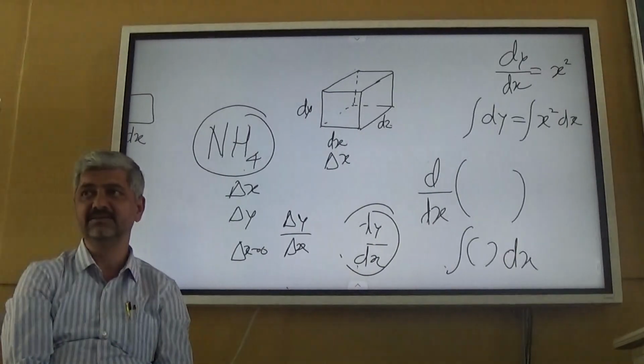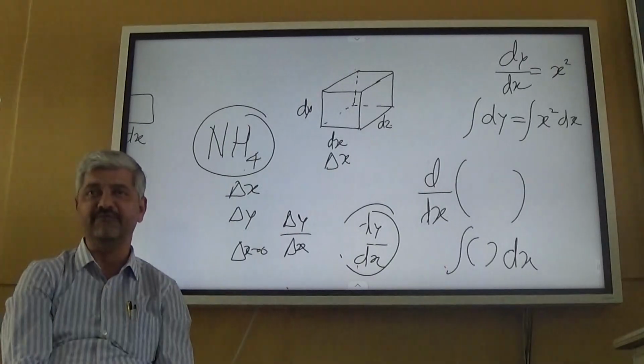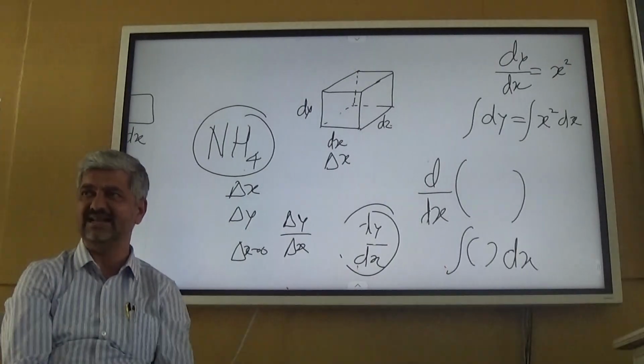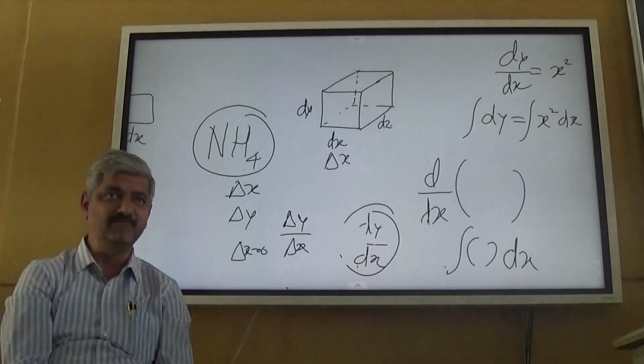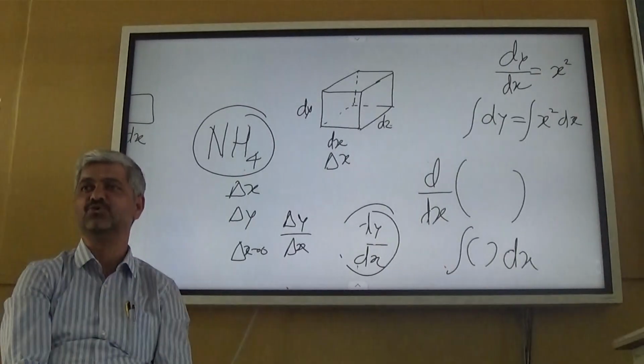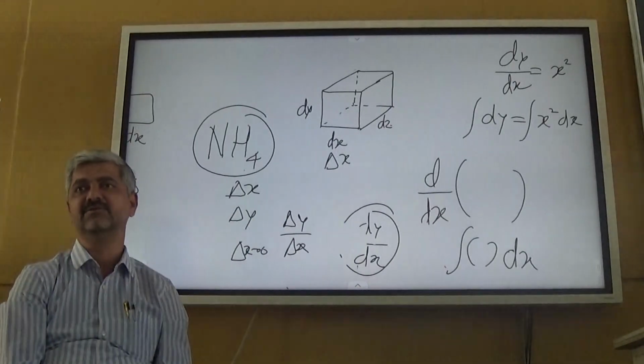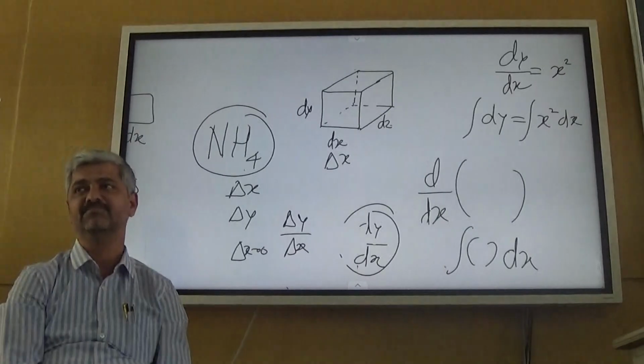Then if I take a small cube of infinitesimally small dimensions dx dy dz and make them shrink to 0, so what ultimately will be Gauss law in point form.